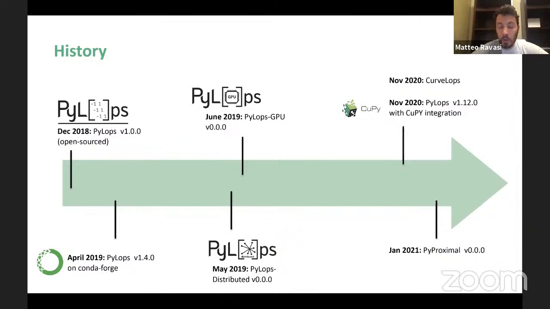So if you do machine learning, and especially if you do some machine learning that requires also some physics-driven operators that are not very easy to implement in PyTorch, you can use the link with PyLops.